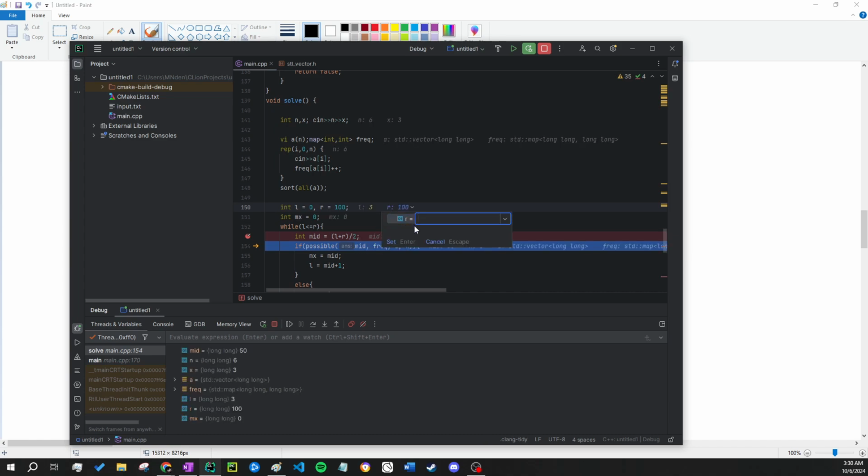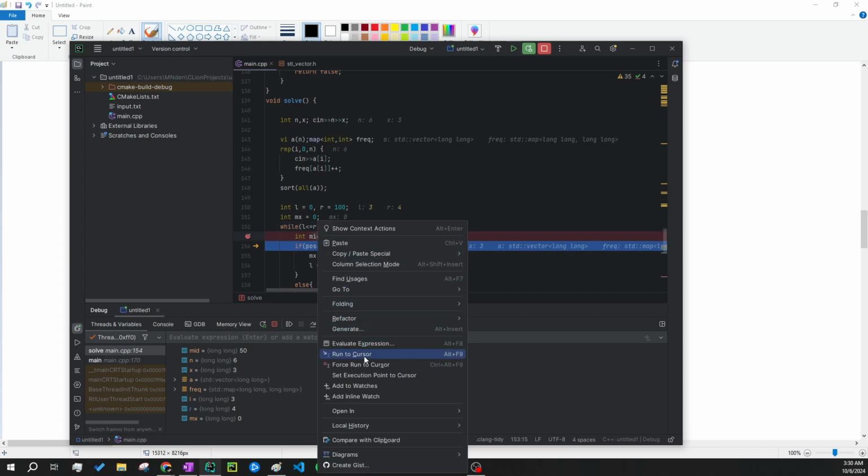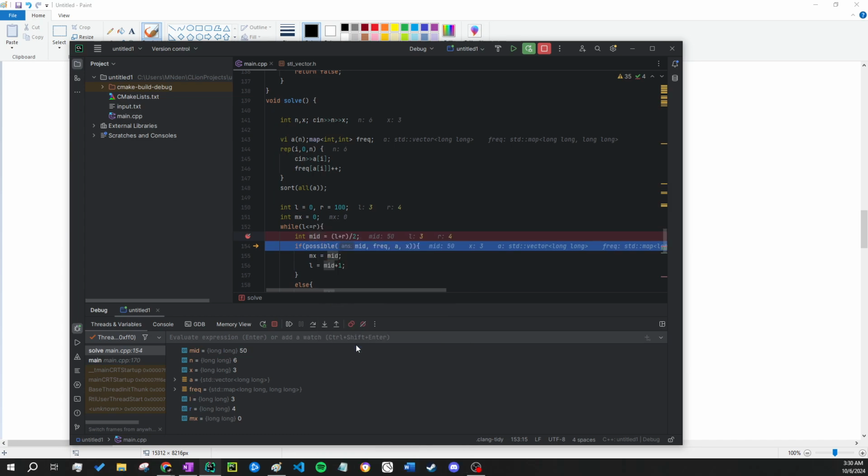R is 4. 3 plus 4 is 7. 7 divided by 2 is here. Mid is 3. There you go.